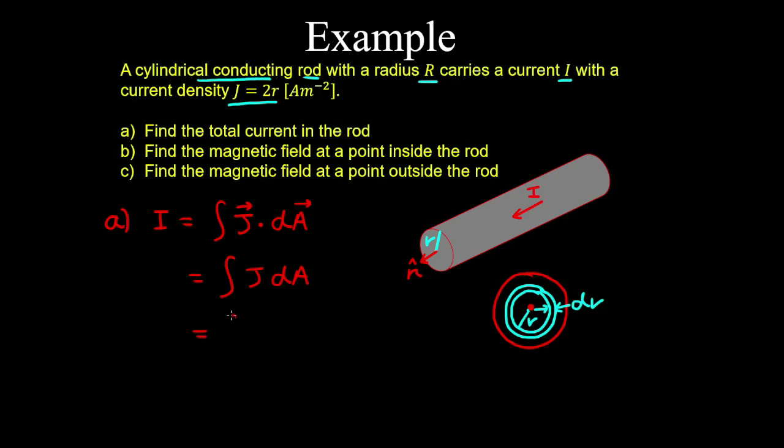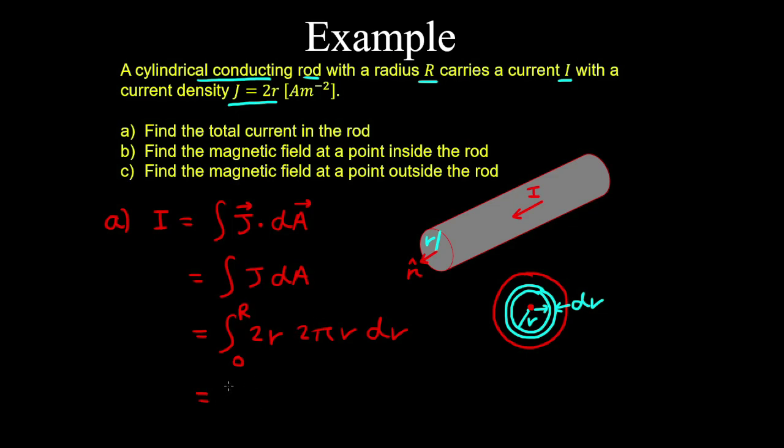And now we can substitute for the magnitude of the current density, which is 2r, and the differential area is the circumference, being 2 pi r, by the thickness dr. And we're integrating from r equals 0 to the radius of the section of the rod.